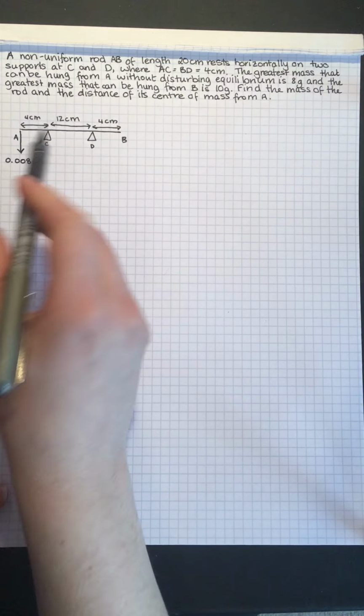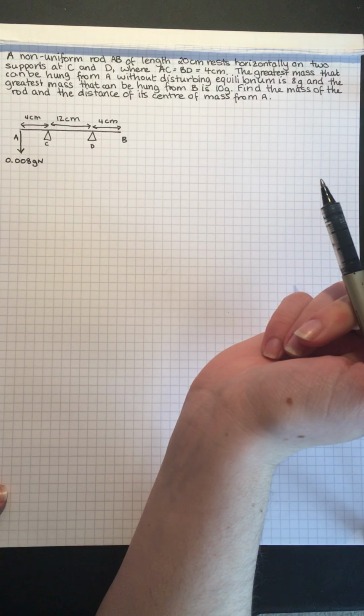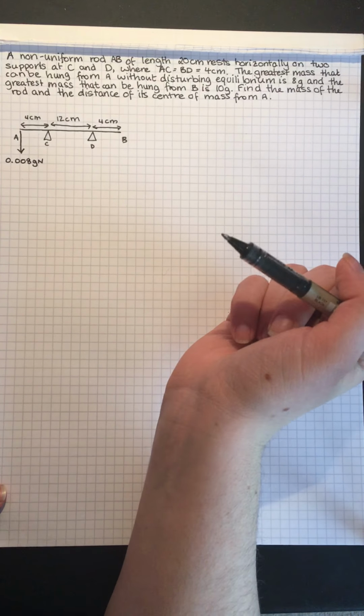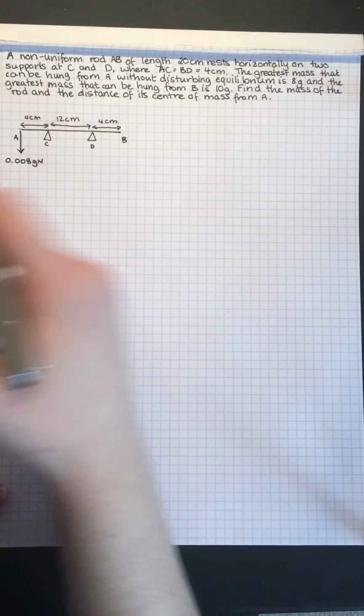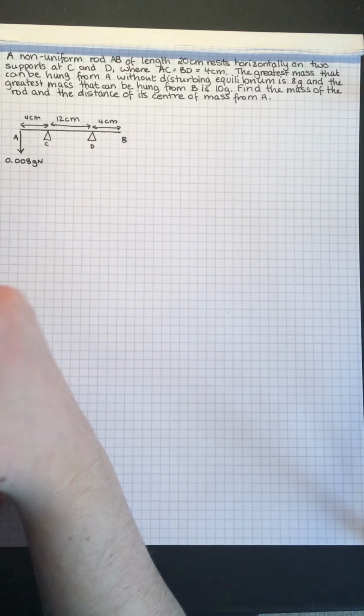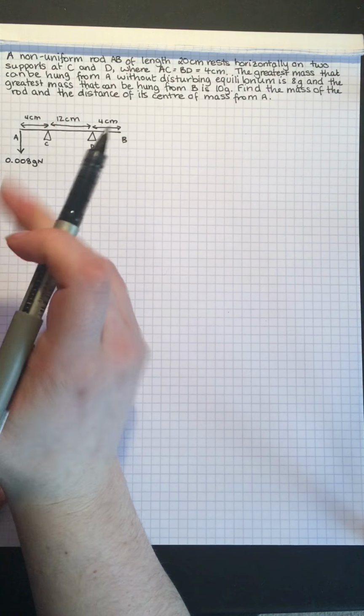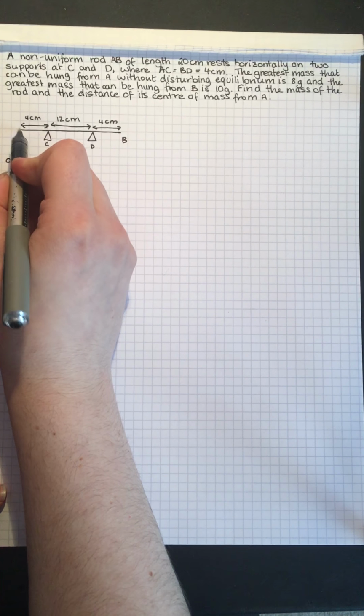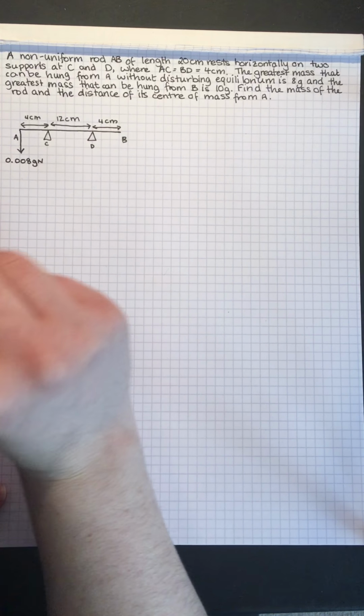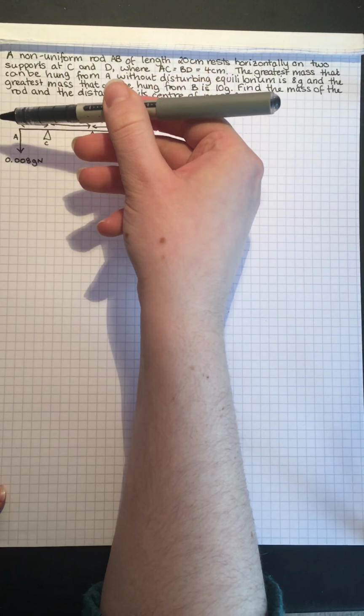To write something in newtons, we have to convert masses to kilograms and then times by g. So this time g, I do mean that acceleration due to gravity, which we're going to approximate as 9.8.